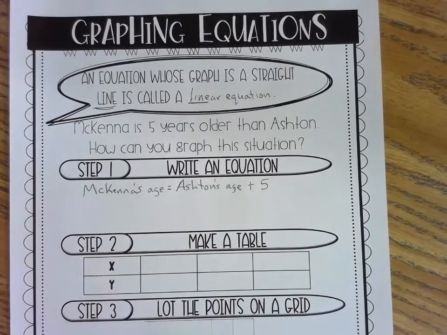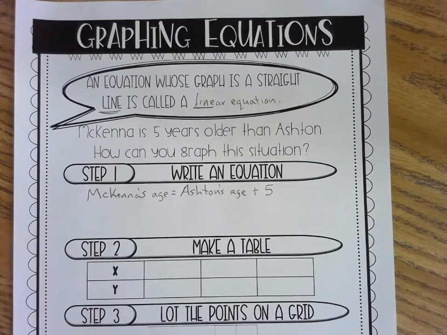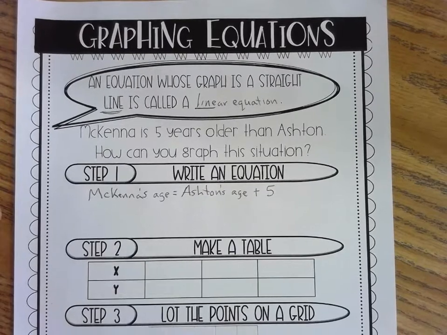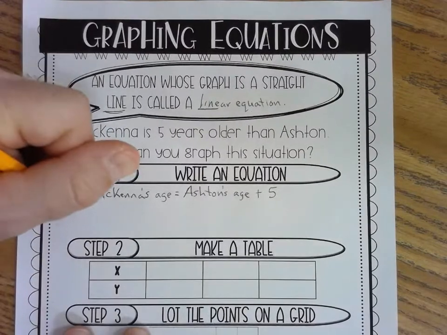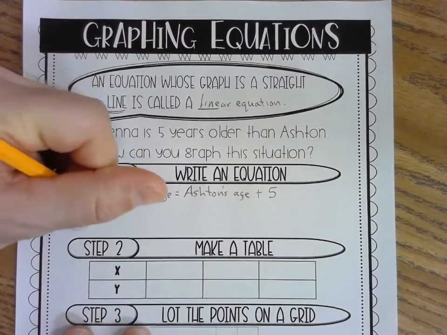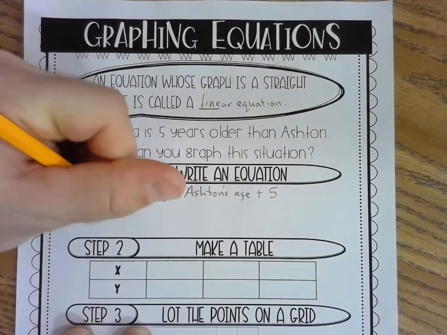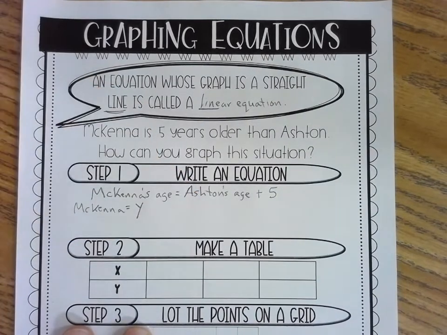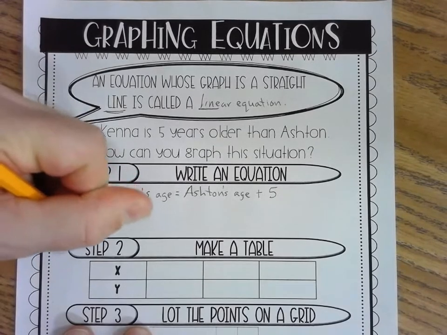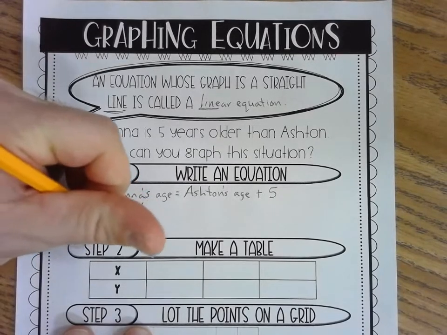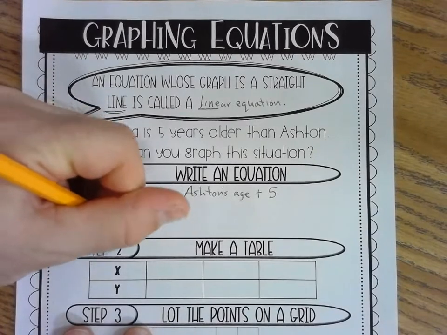So now we want to try to represent this with some y's and x's. Remember, when you go to write these type of equations, you always want to start out with y. So let's say that McKenna is equal to y, and Ashton is equal to x.